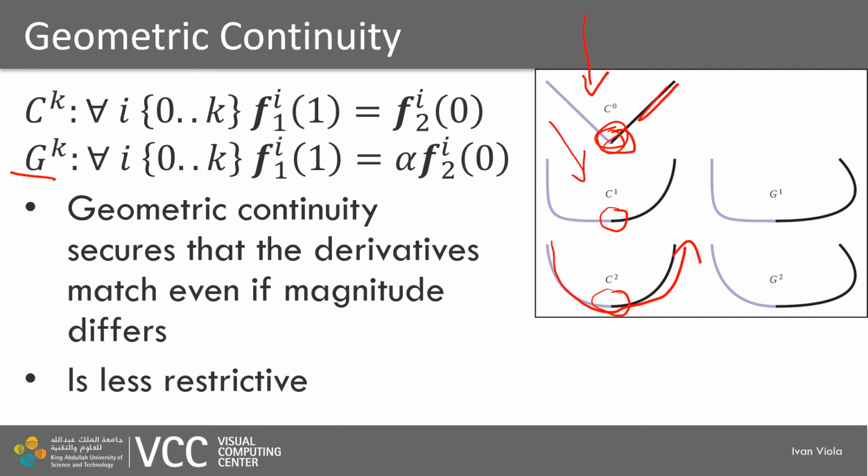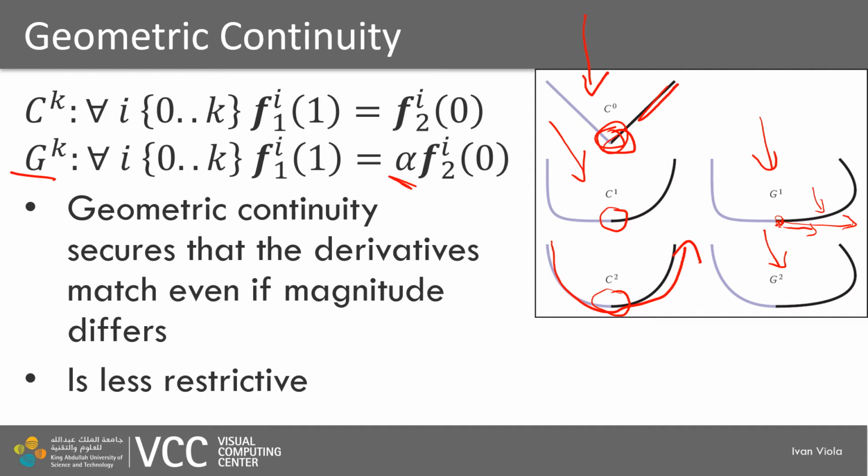And we are talking about G1 continuity or G2 continuity. And here the result basically is that we will have the same tangent at this connection point, which will be, let's say, like this tangent, and another tangent from this line will be the same. I mean, of course, they will be in the same direction, but differently scaled.